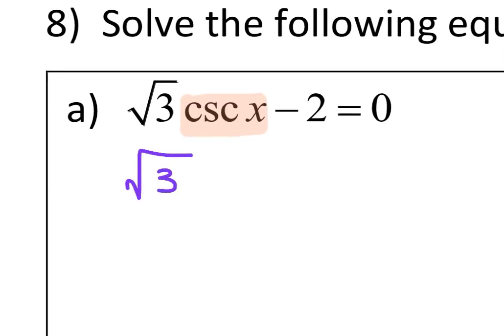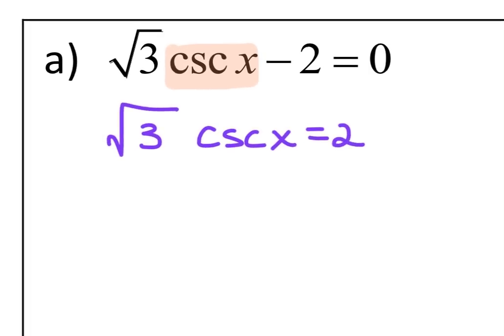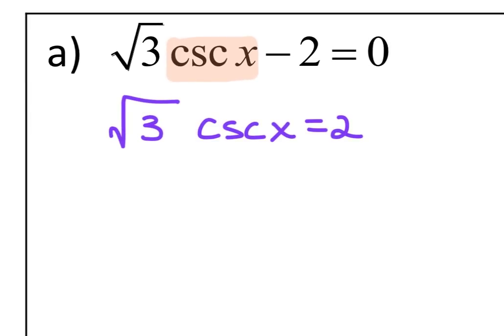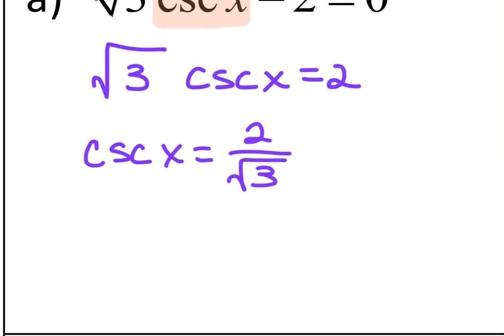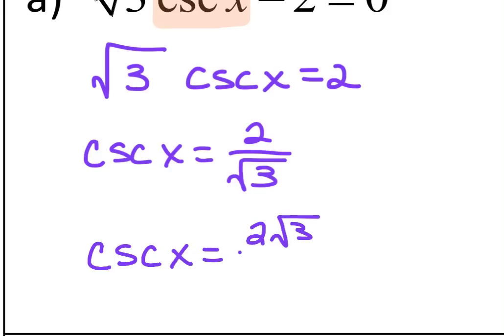And so I get radical 3 times cosecant of x equals 2. And then I'll divide both sides by radical 3. And so cosecant of x equals 2 over radical 3. Remember that we learned these values with a rationalized denominator. And so really what you're saying here is cosecant of x equals 2 radical 3 over 3.